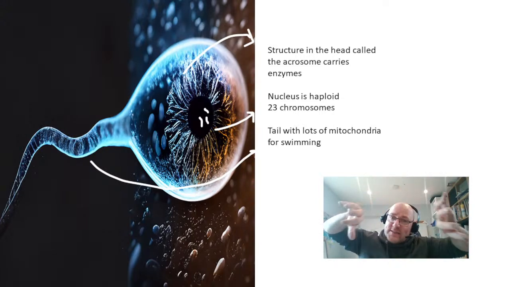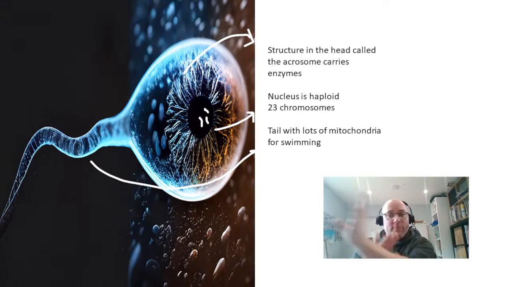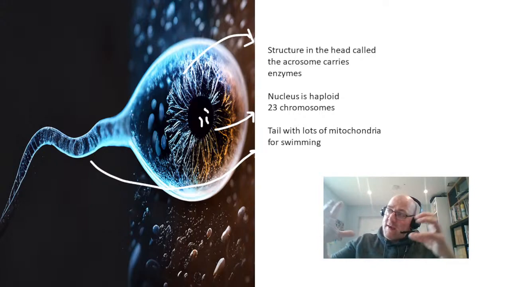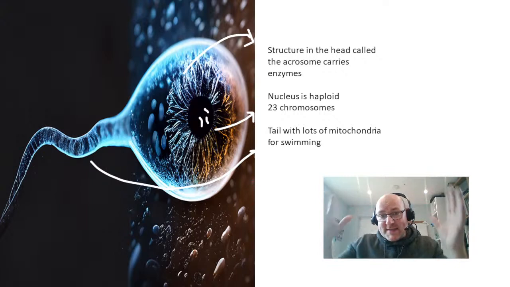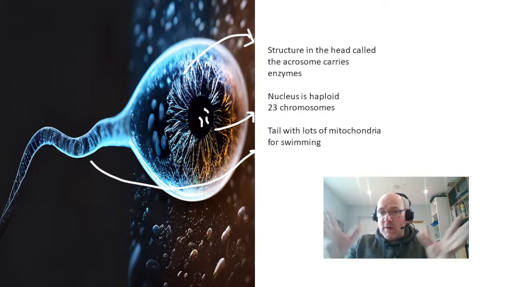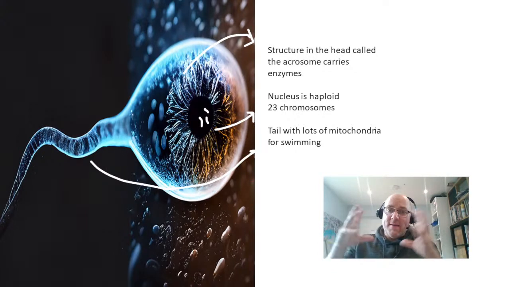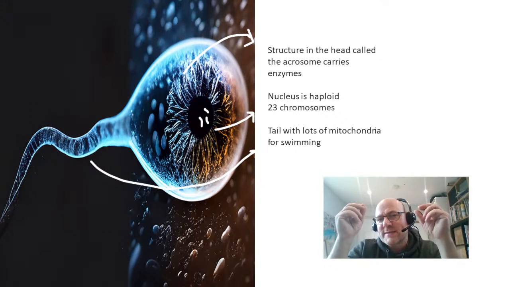They digest the cell wall of the egg, and then the sperm releases its nucleus with its chromosomes into the egg, and they fuse with the chromosomes in the egg. And then the egg seals itself off so no other sperm can get in, and then the egg cell grows into you.